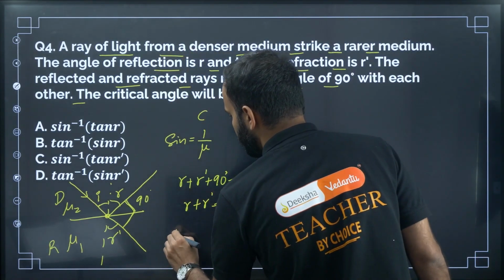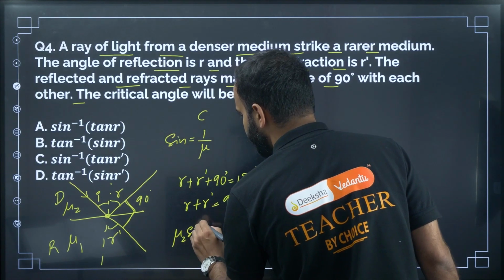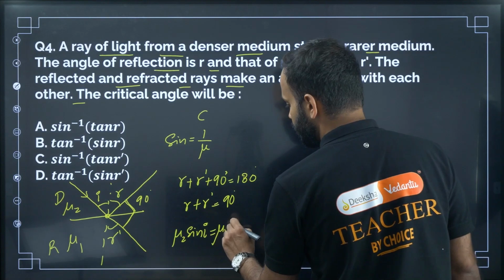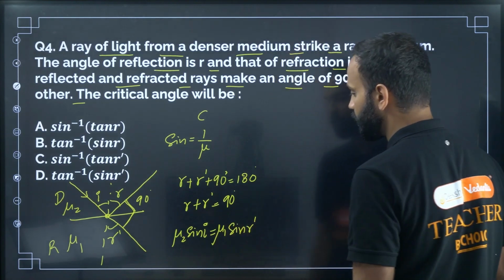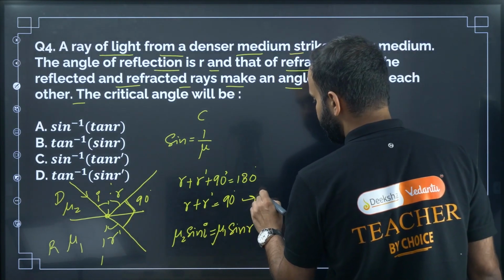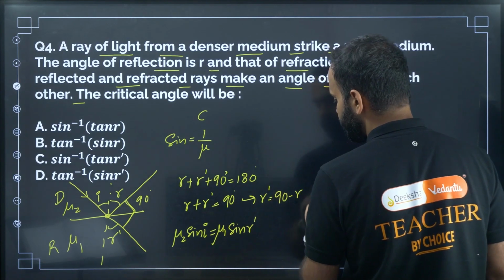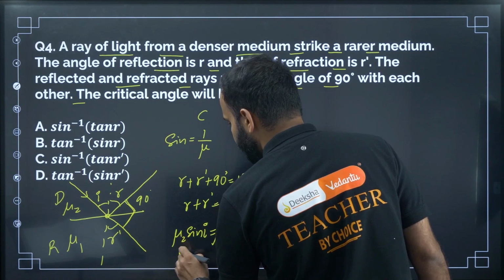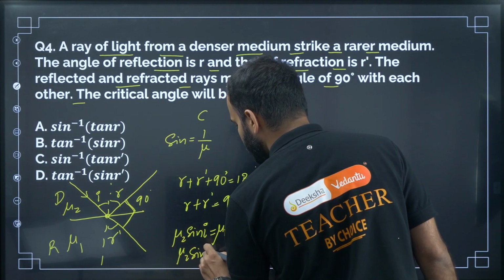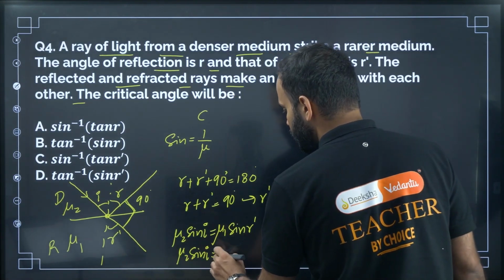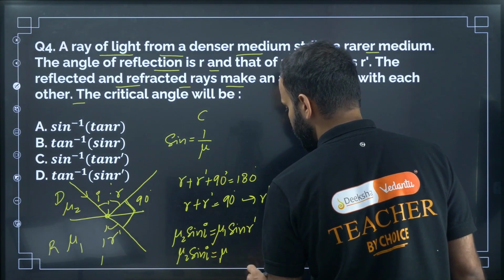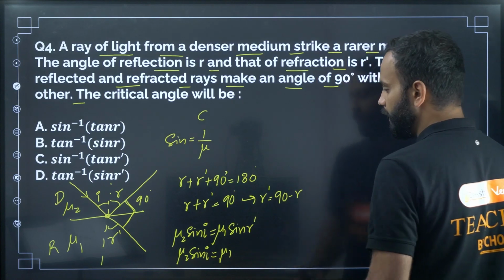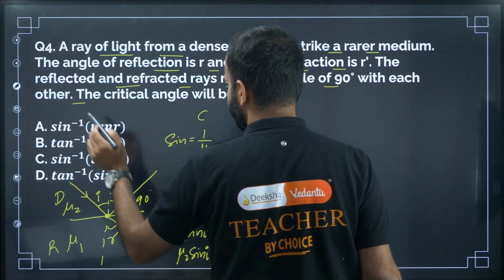Apply Snell's law. So now mu 2 into sine i is equal to mu 1 into sine r dash. Here r dash is equal to 90 minus r, right? Here rarer medium has refractive index 1, okay?